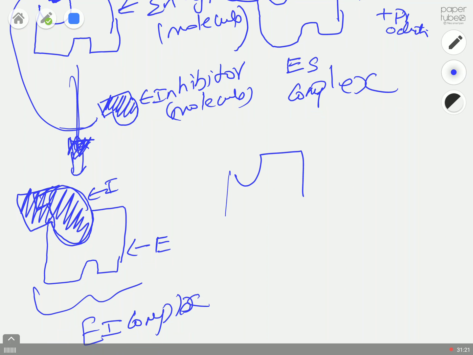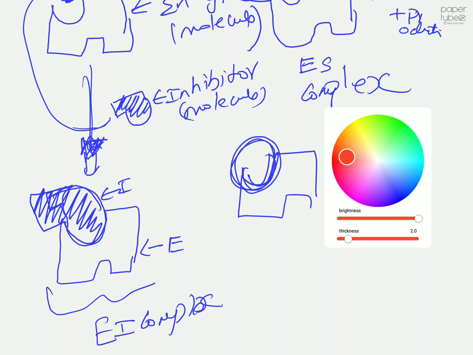So what you learn from this is you have an enzyme. You have one site here. Let me change the color. So this part of your enzyme, you can call it the active space or a pocket.